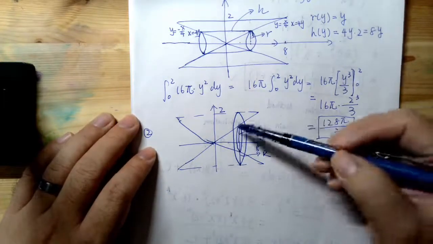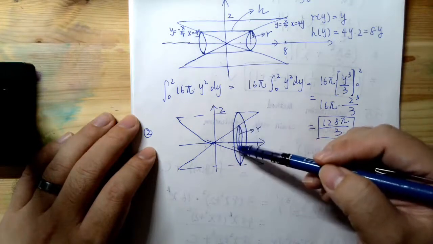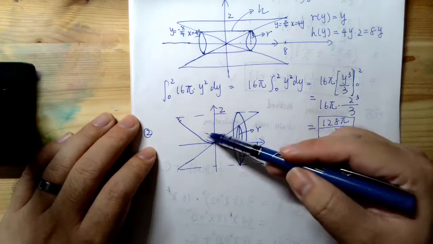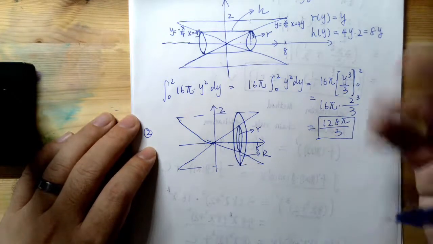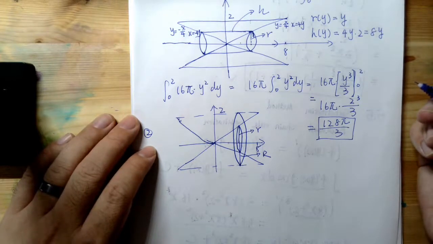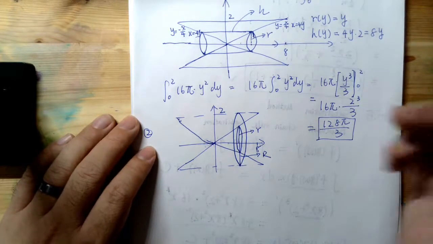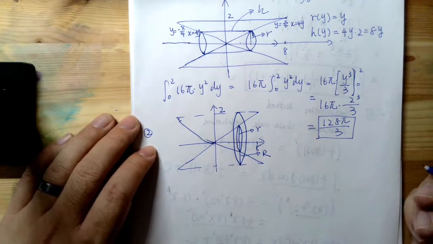Meaning we can only focus on the volume for the right-hand side, and then multiply by 2. That's going to give us the volume of this revolving solid. So we can only focus on the 0 to 8 part, and then multiply by 2.